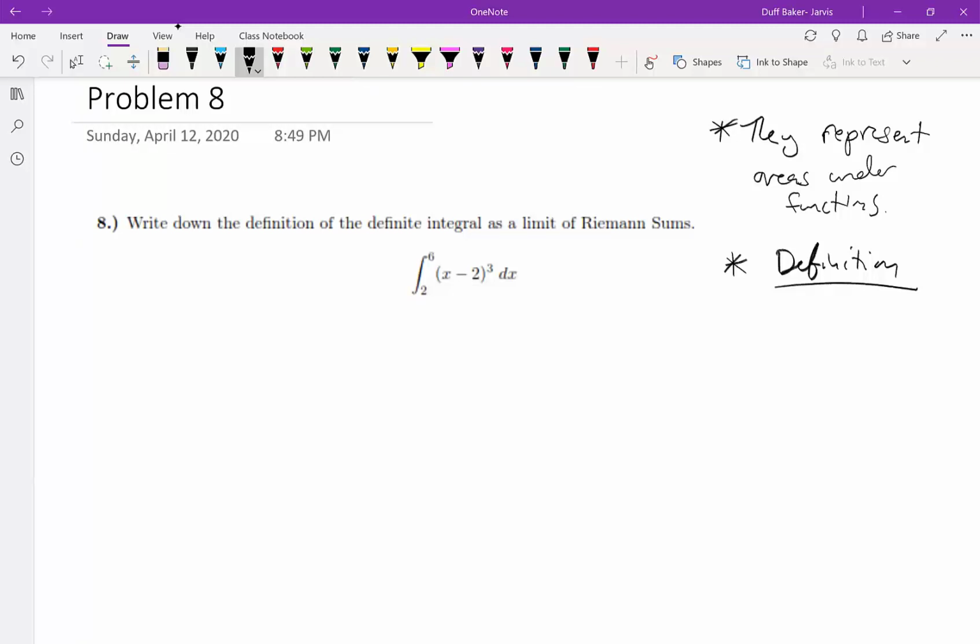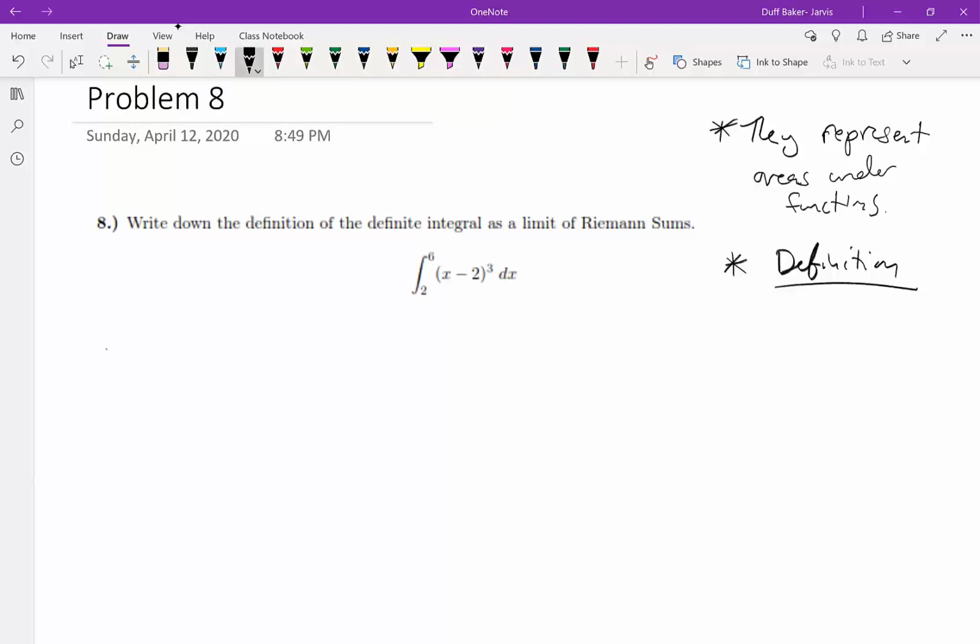So the definition is the limit as, if we approximate a function by a bunch of rectangles and then we take the number of rectangles and send it off to infinity, then we get the exact area. So this integral stands for the exact area. And if we wanted to actually calculate it, we have to do this kind of horrible limit of a sum thing.